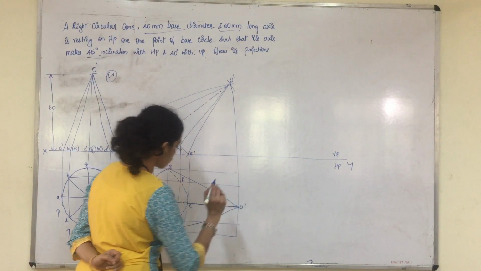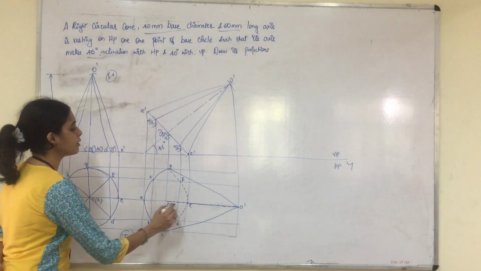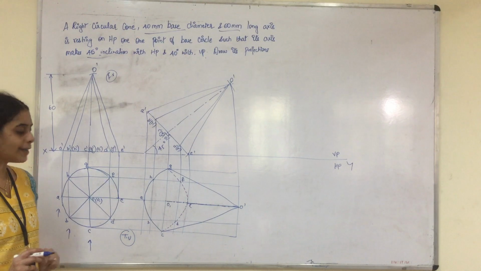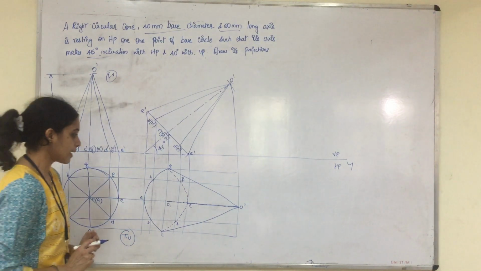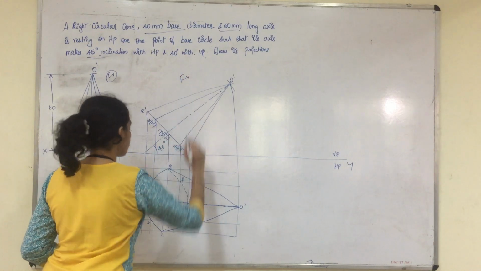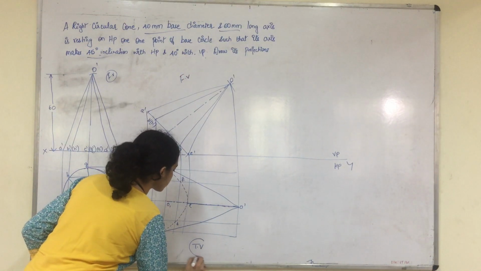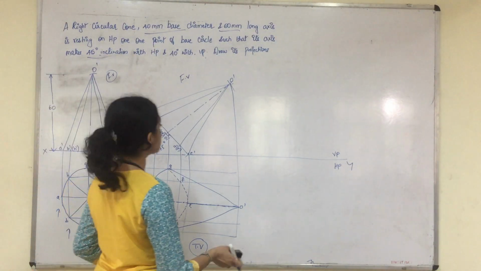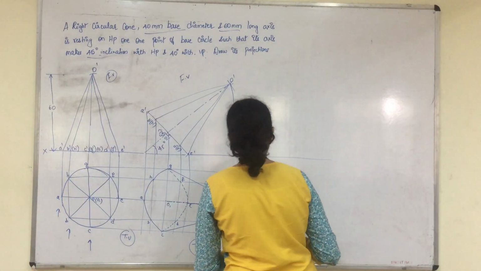So you can just join it. Only inside you can show the axis pattern. So this is how it looks like in the second stage. So this is our second stage front view and the top view. After that, what is the inclination with respect to VP is given.